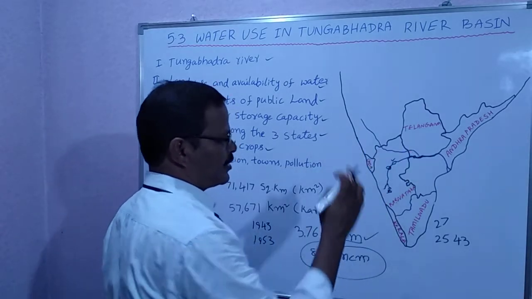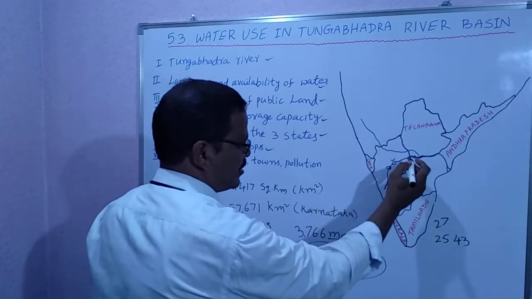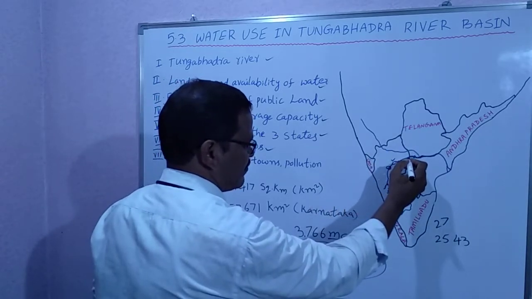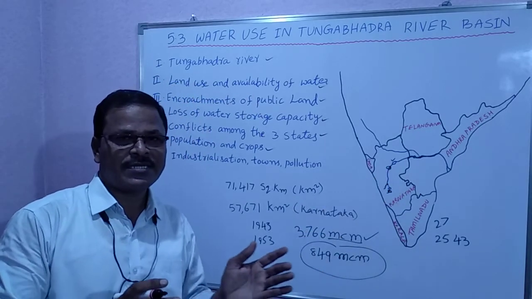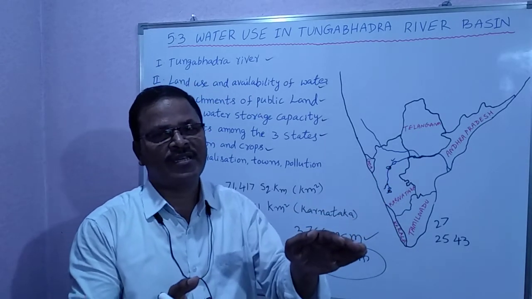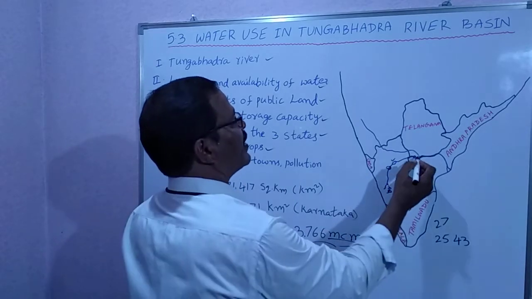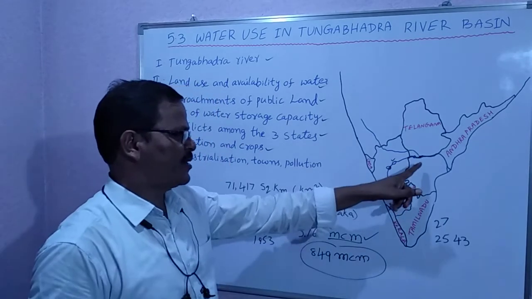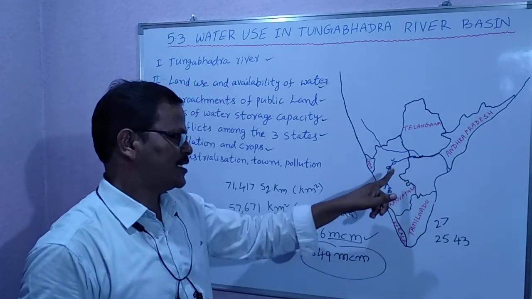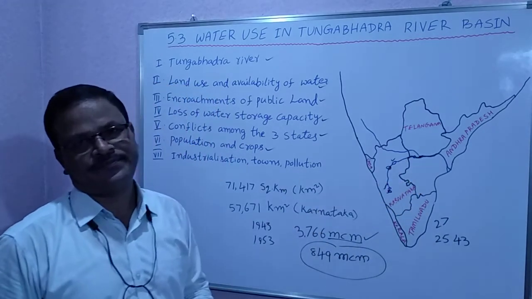Tungabhadra enters Andhra Pradesh at Kautal Mandal. It merges with Krishna near Sangameswaram. This is Sangameswaram. This is Kautal. This is Kodli.